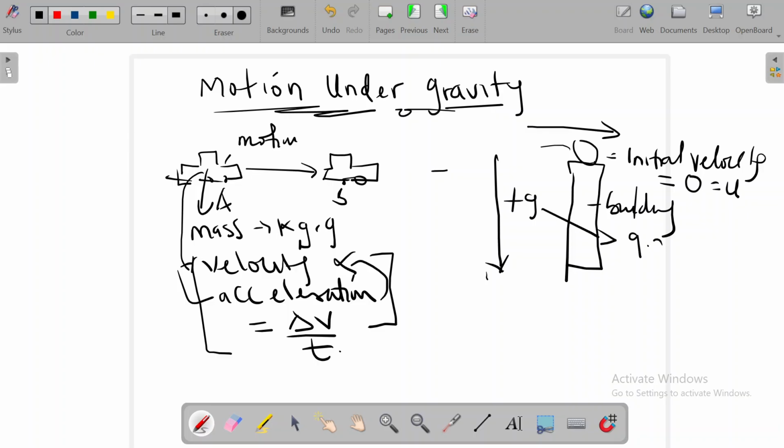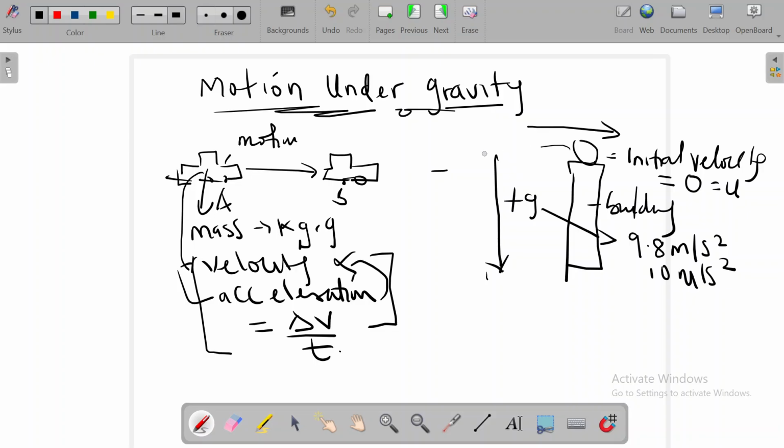Gravity is given as 9.8 meter per second square, in some cases 10 meter per second square. So as the ball falls to the ground, it is increasing by 9.8, or should I say 10 meters per second square.